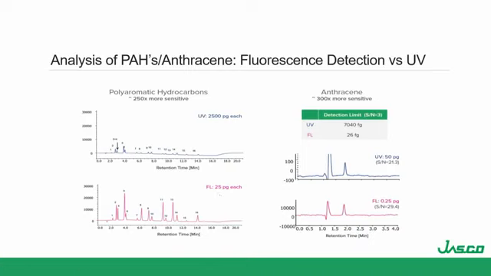So about 250x more sensitive. Then for the Anthracene here, detection limits were calculated at 7,040 femtograms for the UV and 26 femtograms for the fluorescence. So as you can see, much more sensitive.